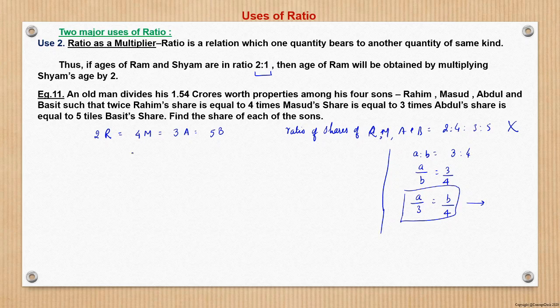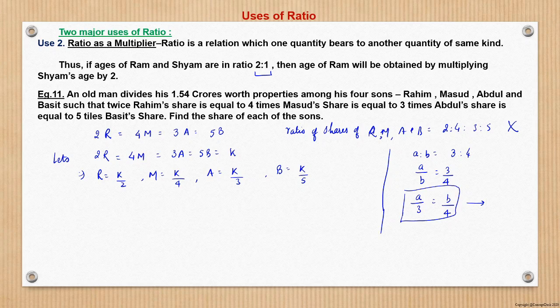Now, if this is the case, let us assume that 2R is equal to 4M is equal to 3A is equal to 5B is equal to K. So from here I can get R is equal to K by 2, M is equal to K by 4, A is equal to K by 3, and B is equal to K by 5.